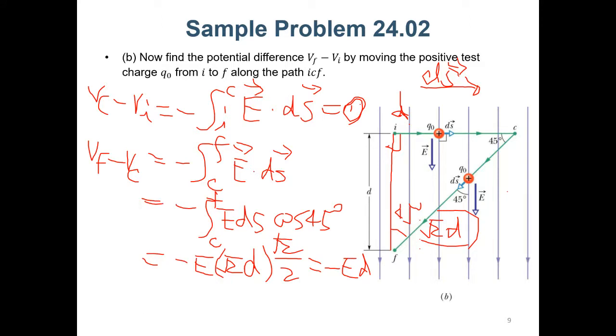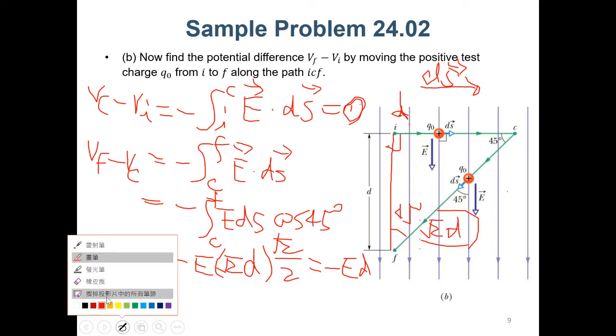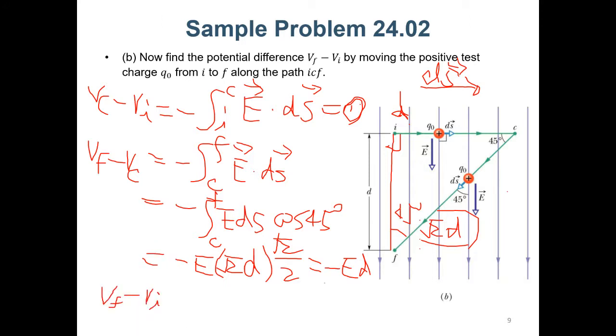And finally, Vf minus Vi, you just need to add them together, this one and this one. So it will be minus Ed. And done.